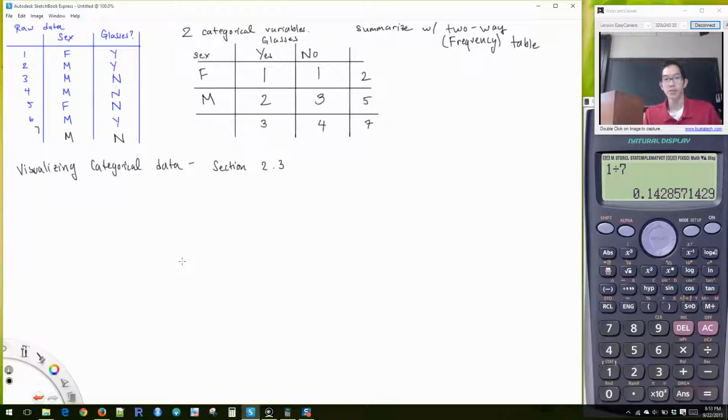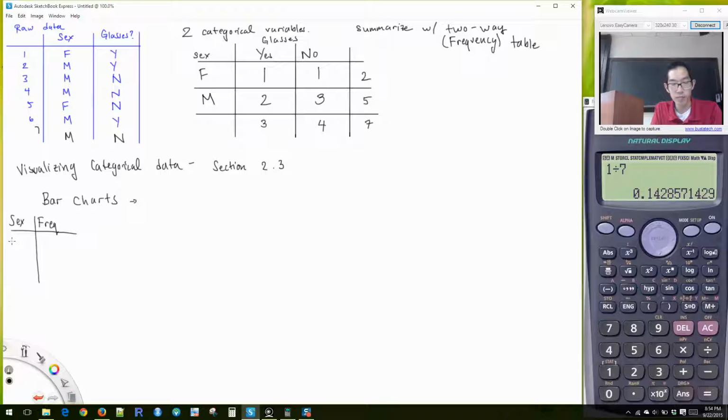Okay, so with visualizing categorical data, one way we can present the data is with bar charts. With bar charts, essentially what we do is take a column, and let's say we create a frequency table for sex.